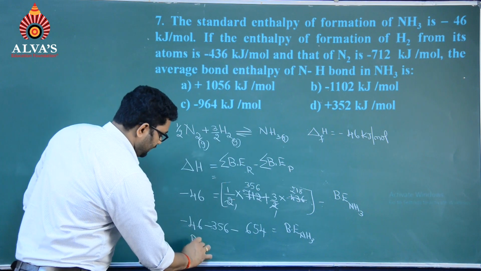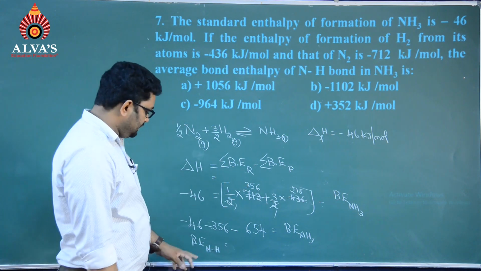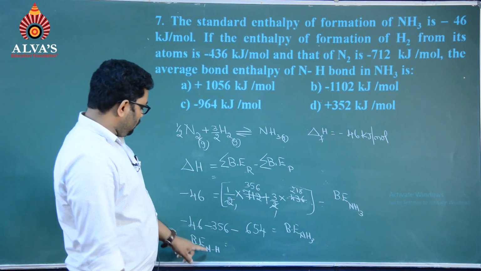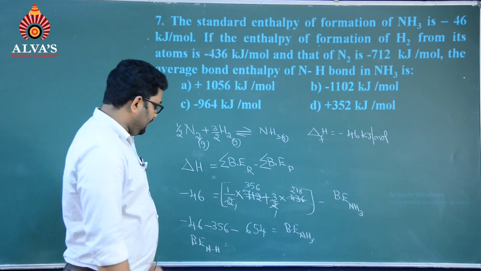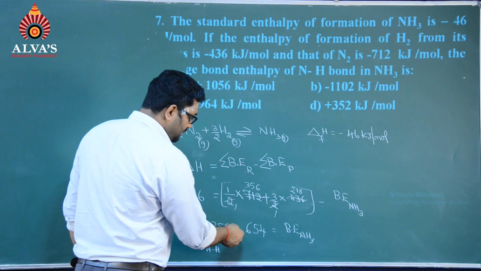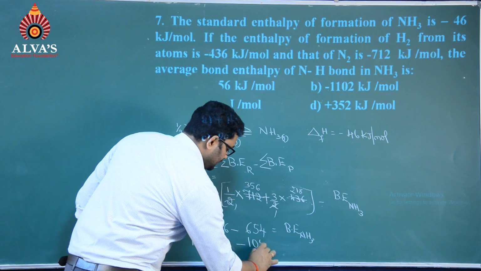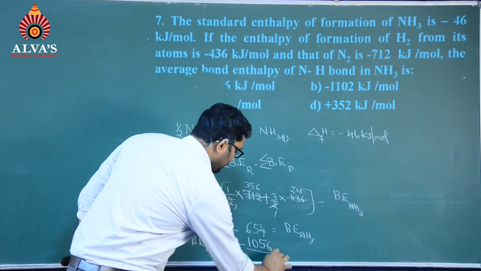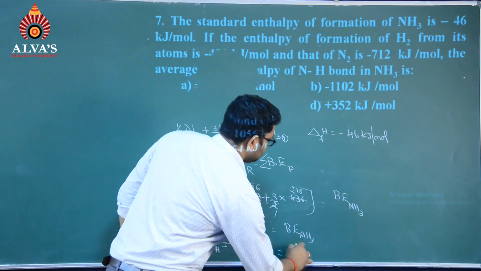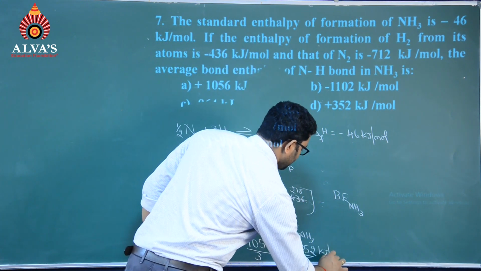Now, we have 3 NH bonds in ammonia. Now we are going to take 1 NH, that is the average bond enthalpy of NH, the sum of this, that is minus 46, minus 356 and minus 654, that is minus 1056, divided by 3 bonds, therefore the value should be 352 kilojoule per mole.